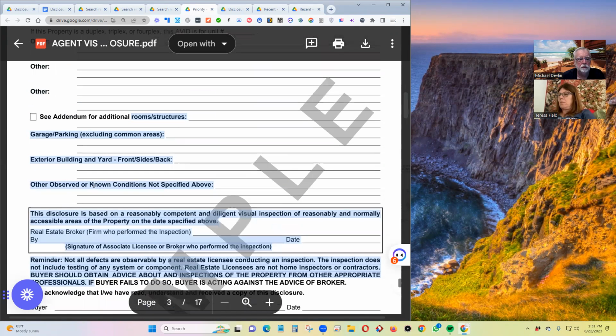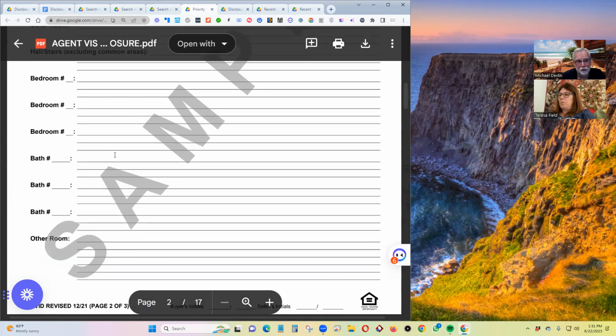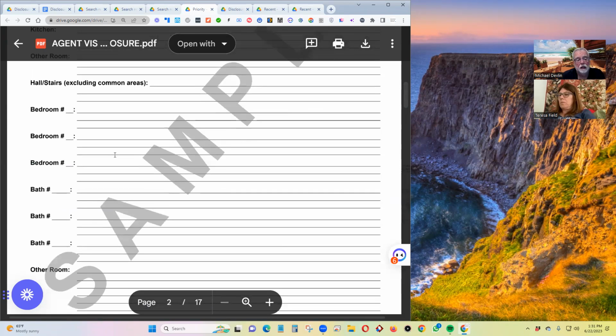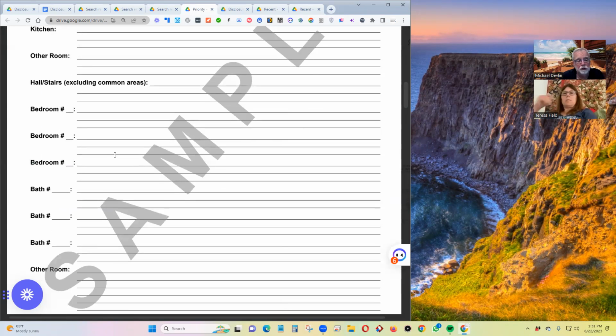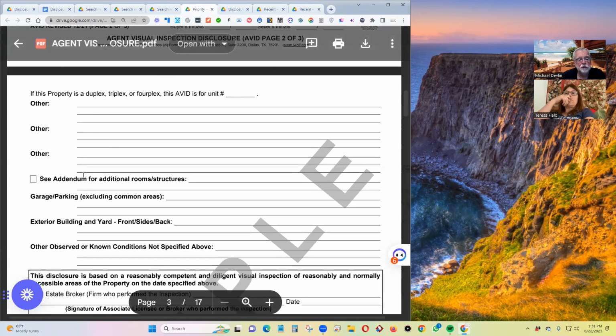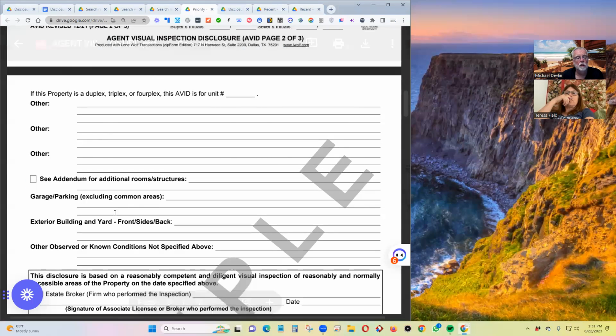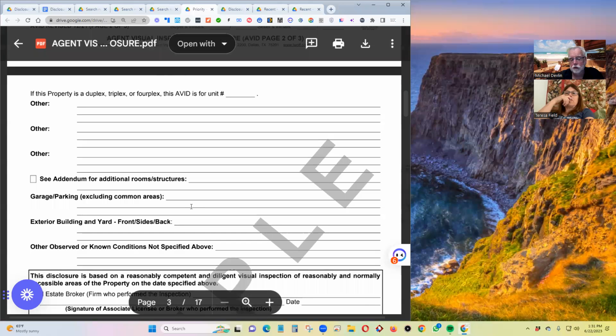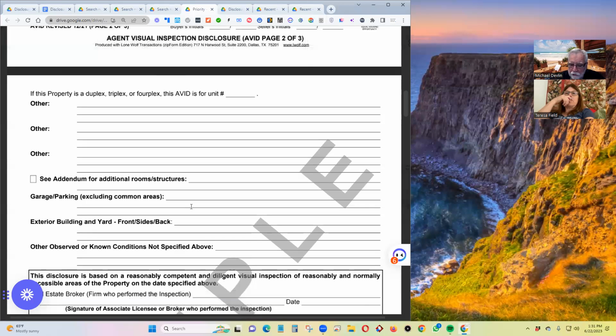There are a lot of 4-3s, but you have some room to maneuver in adding them. Garage parking: there's almost always cracks in the garage floor because it's a slab and settling. There's oftentimes grease stains and you just notice that.